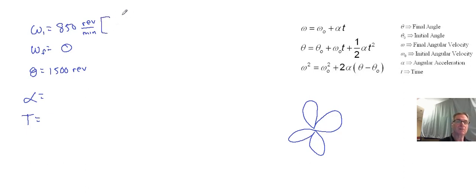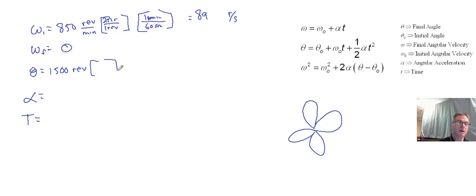First we're going to have to convert our 850 revolutions per minute into radians per second. Let's see what we get. Again, 1 revolution is 2 pi radians, and 1 minute is 60 seconds. When we do this math, we get 89 radians per second as our initial velocity. Our final velocity is again 0.